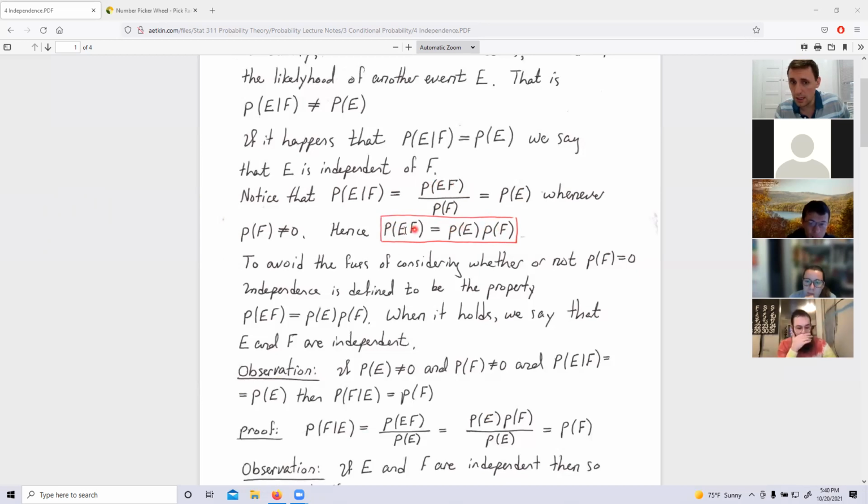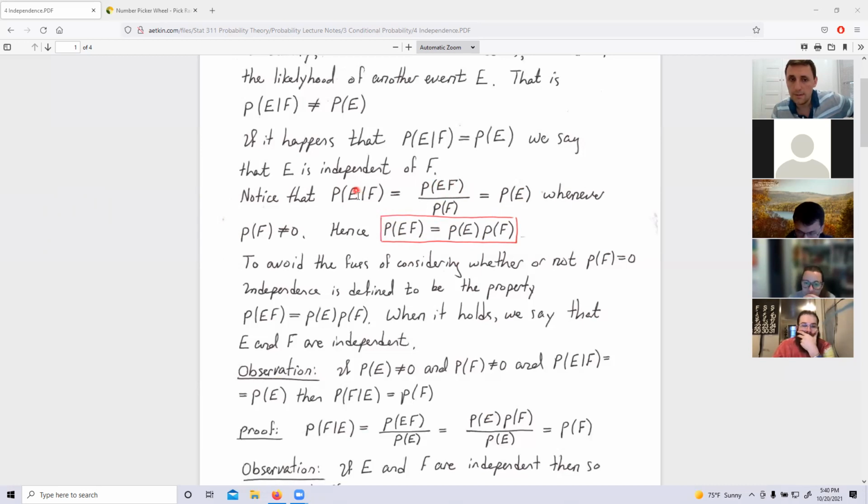So this sentence and this sentence are equivalent. You can also see it in reverse, because if I divide by the probability of F, I see that there was no modification. So what I placed in this red box is an equivalent statement to independence.